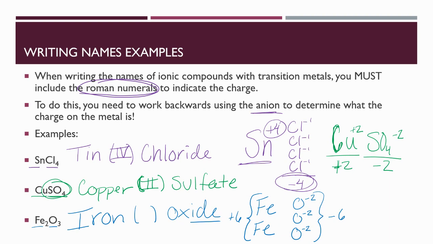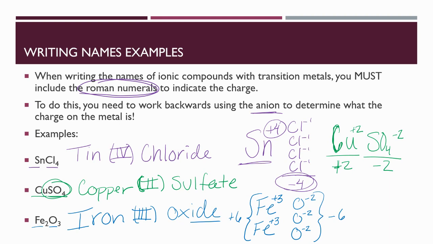Well, +6 separated into 2 equal-sized charges has to be +3. I have 2 irons to get me a total of +6, so each has to be +3. So my name here would be iron(III) oxide.